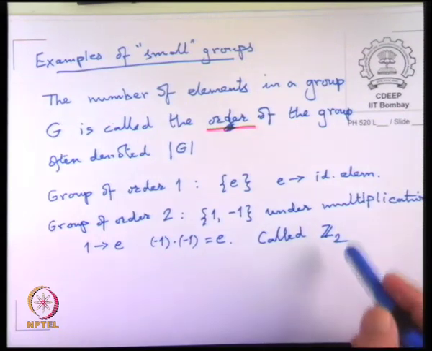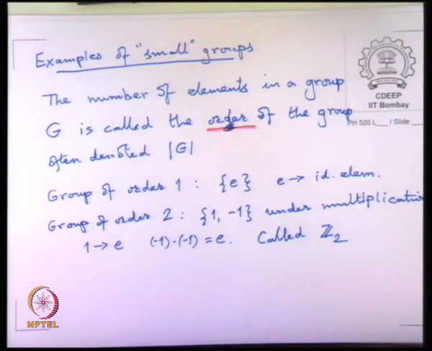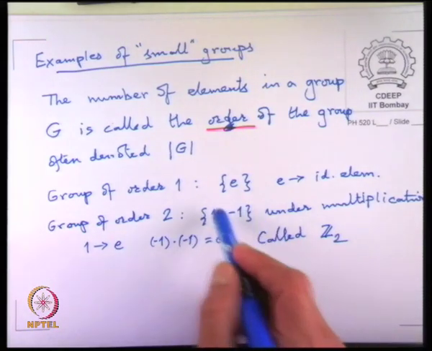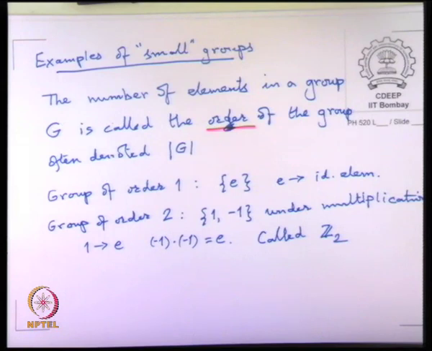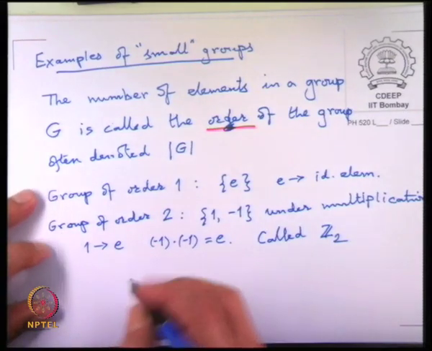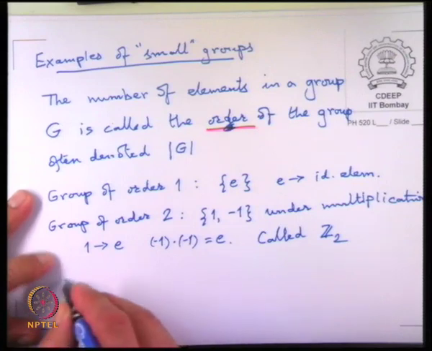And if you write something below, then it usually refers to a class modulo that many integers. So this group 1, minus 1 under multiplication is called Z2. This is one example of the simplest group, and we can draw a table for it.